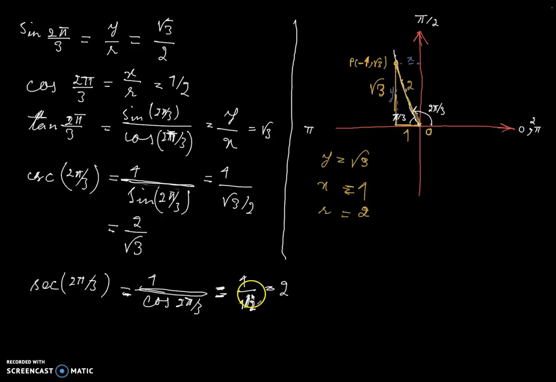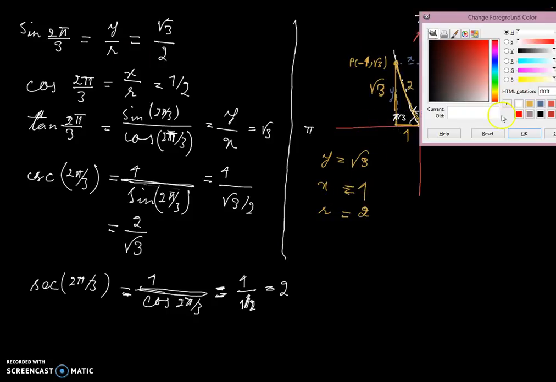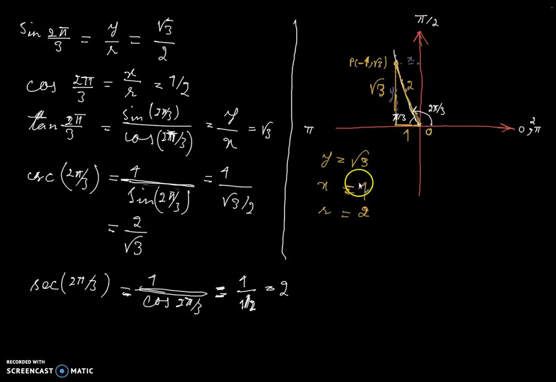But I guess we have made a mistake over here. Oh, right. Here we have made a mistake. Basically the x value here is -1. I'm sorry. I made a mistake here. The x value is -1.